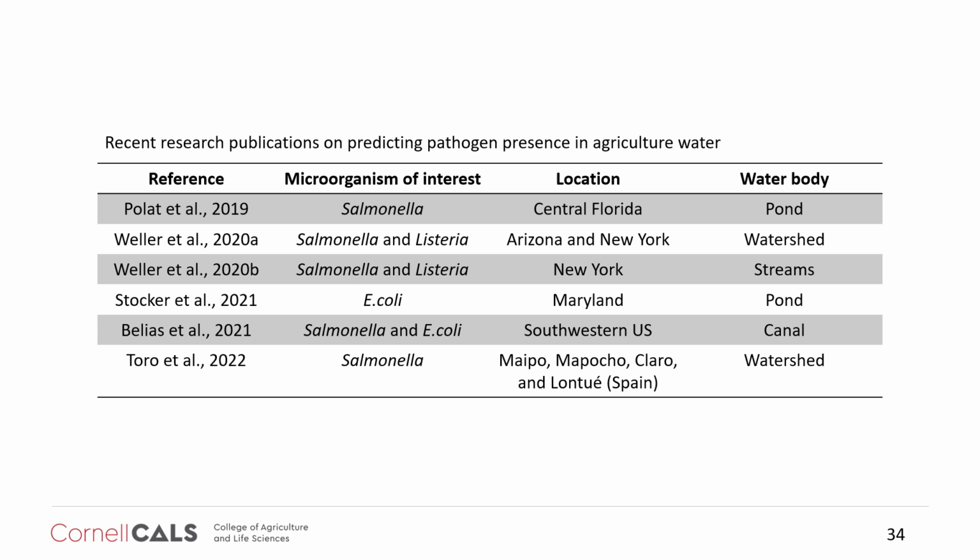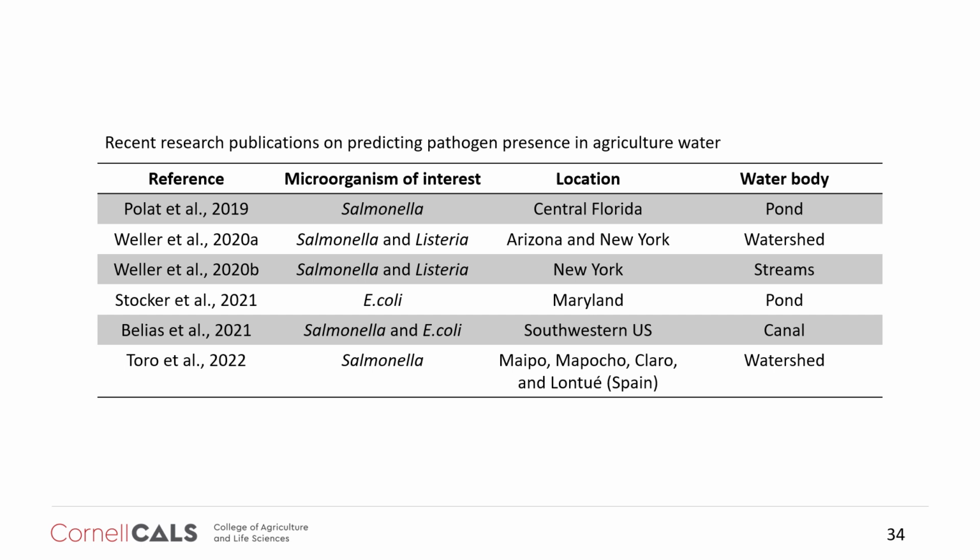In 2019, Pollard published a paper using pond samples to predict Salmonella presence in central Florida. In 2020, Weller published two papers that developed models to predict Salmonella and Listeria prevalence in watersheds of Arizona and New York State, as well as streams in New York.